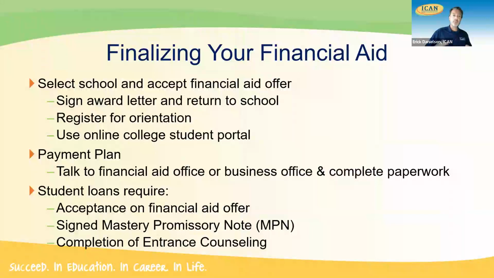But once you've made a decision, sign that financial aid offer and get it back to the school. Typically, that's all done online now using your college student portal. A lot of times you're also able to register for the orientation that happens during the summer.